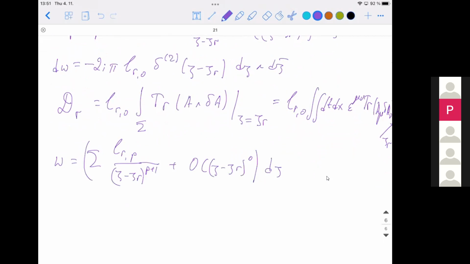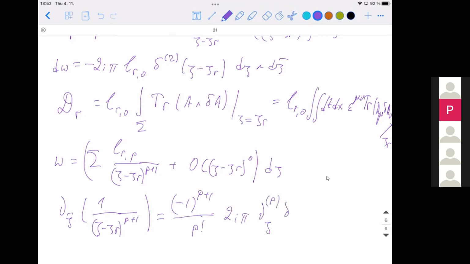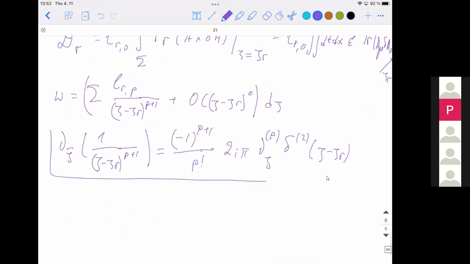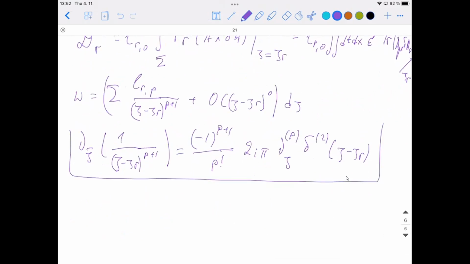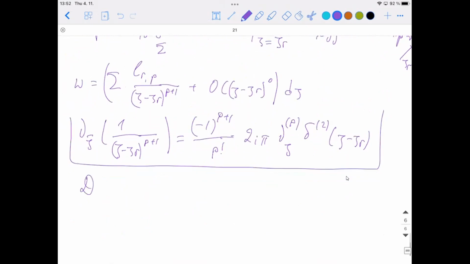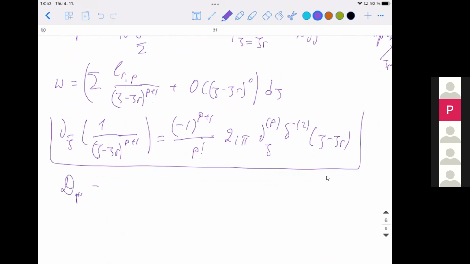And then there's this relation on higher order poles that if you have this, then you can just have this relation. So delta z, this, and then z r. Okay. So use this letter.